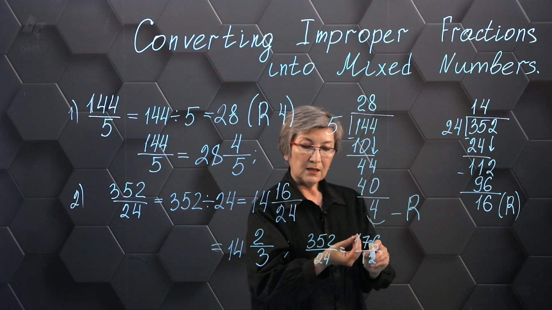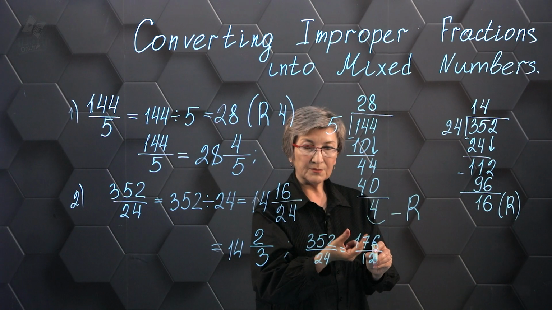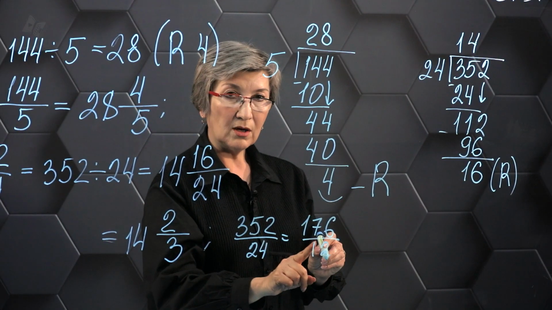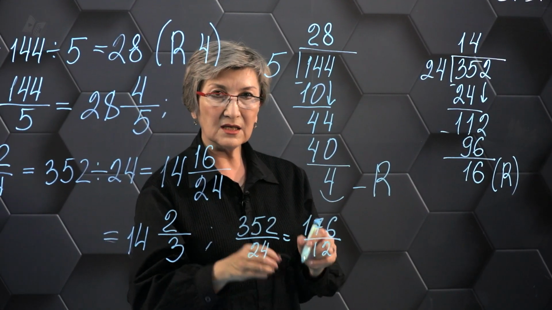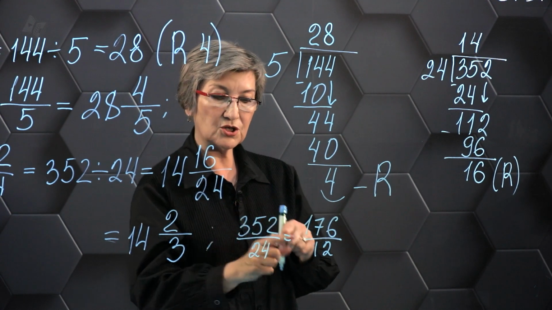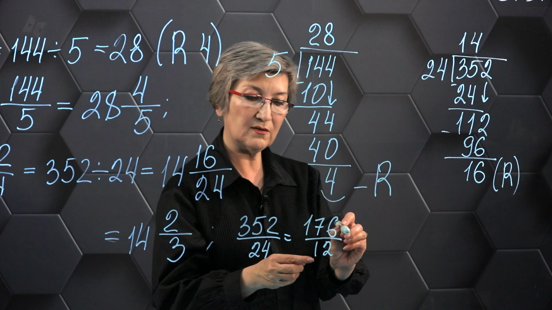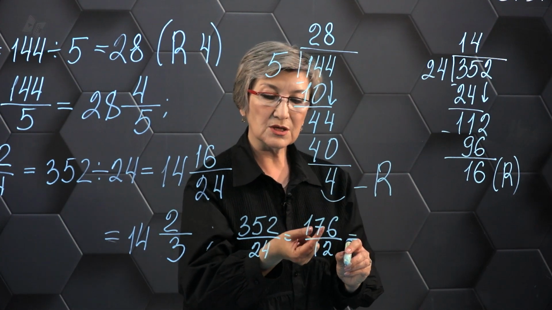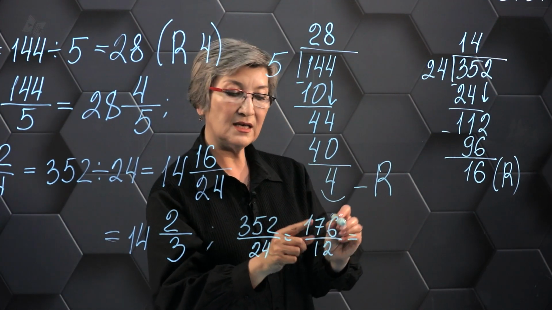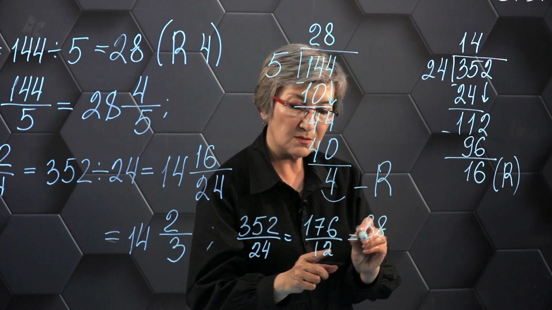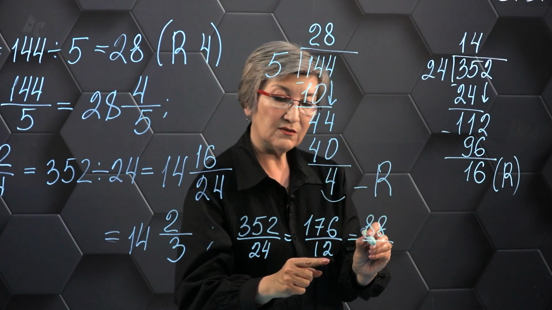Notice, the numbers in this fraction are smaller, but I can still reduce 176 twelfths. Then I will divide the numerator and denominator by 2 again. 176 divided by 2 is 88, and 12 divided by 2 is 6.